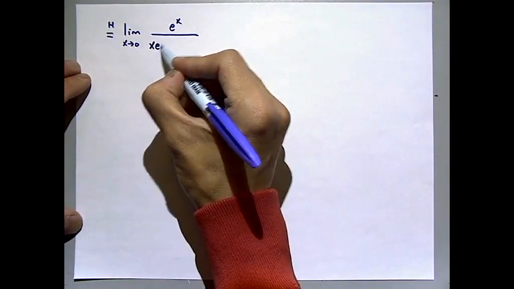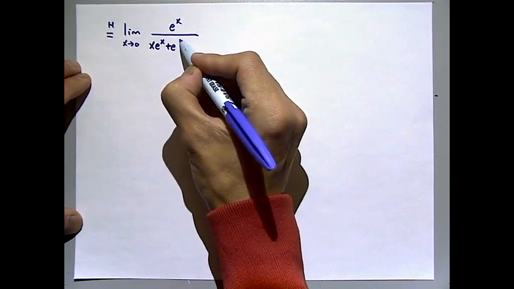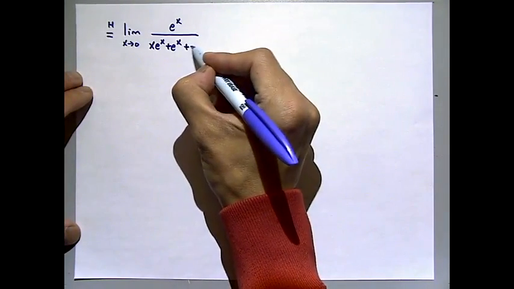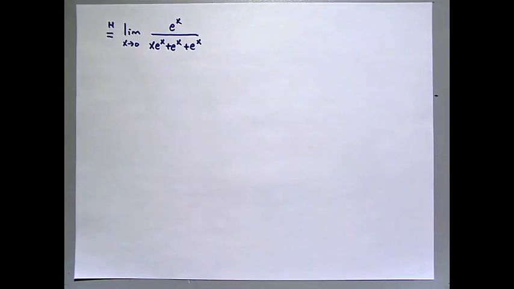Downstairs, x e to the x, product rule, gives me that as a derivative. And then I have another e to the x that has e to the x as a derivative. Okay?